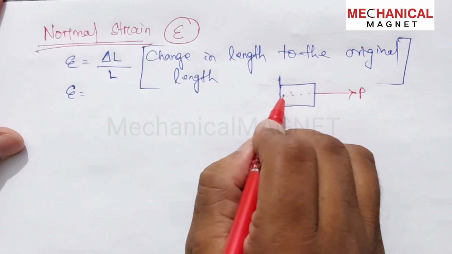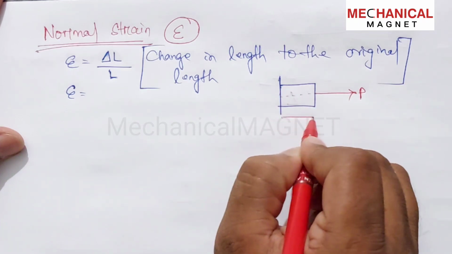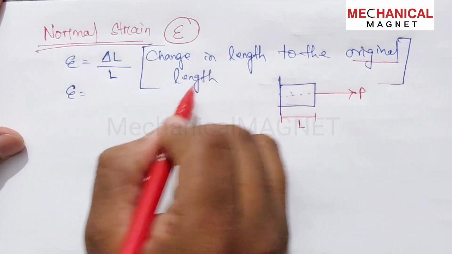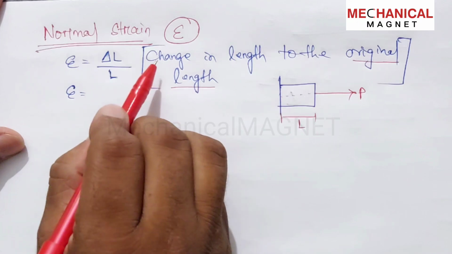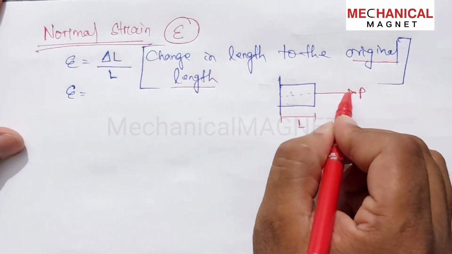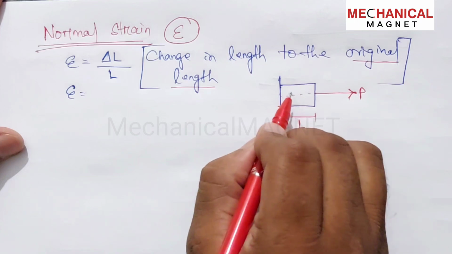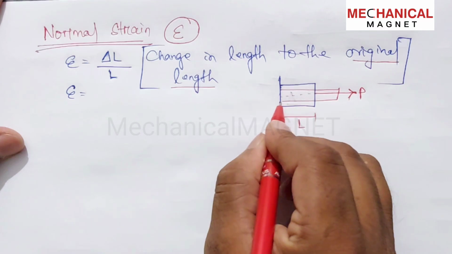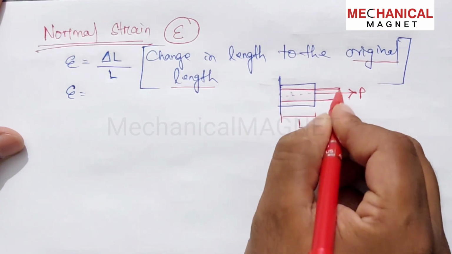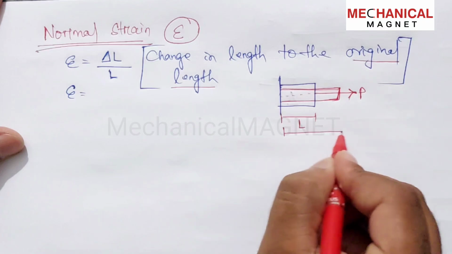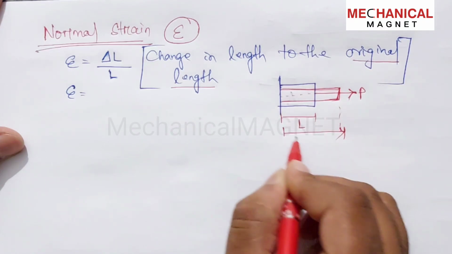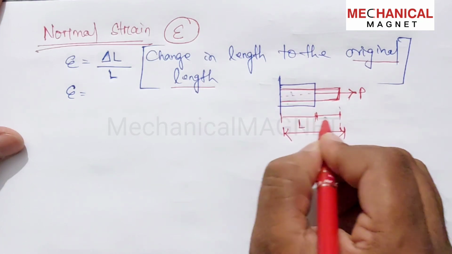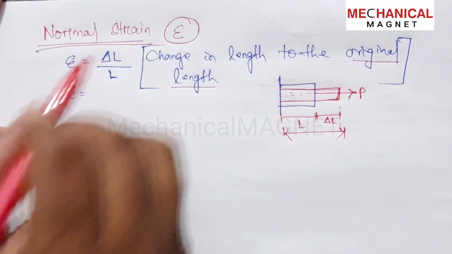The length of the beam is the original length, denoted as L. After application of the force P, it will elongate from here to here, like this. This elongation, from this point to this point, is delta L.